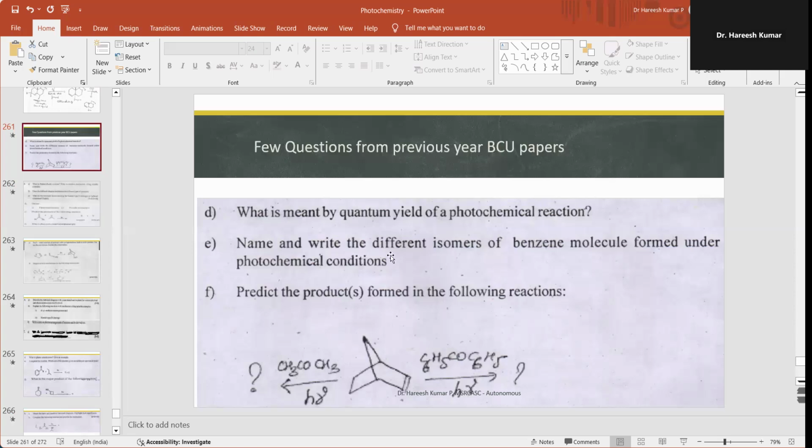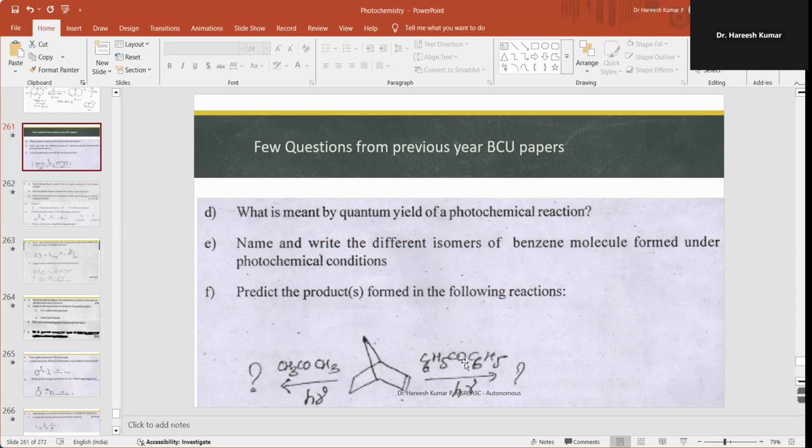Then name and write the different isomers of the benzene molecule formed under photochemical reaction. That means benzene, on irradiation, will give you Dewar benzene, fulvalene, and benzvalene. Then predict the product formed in the following reaction.